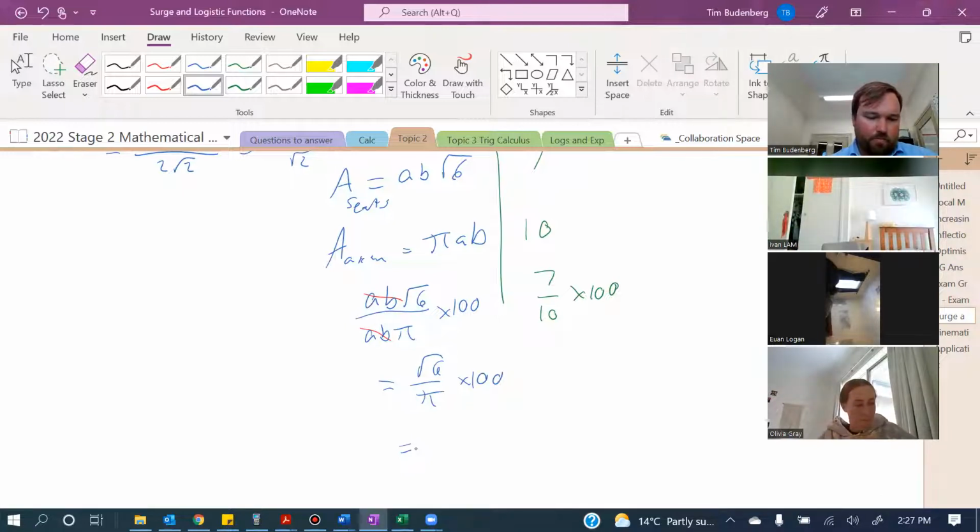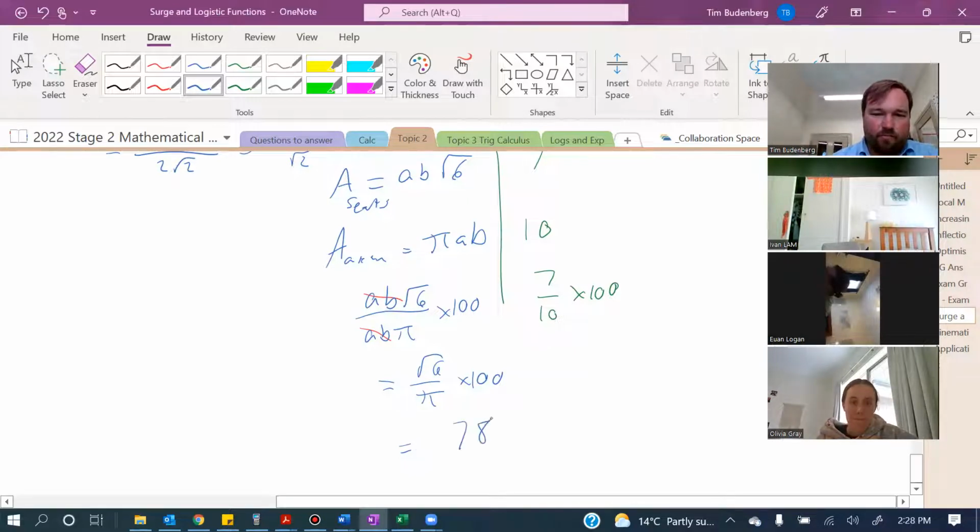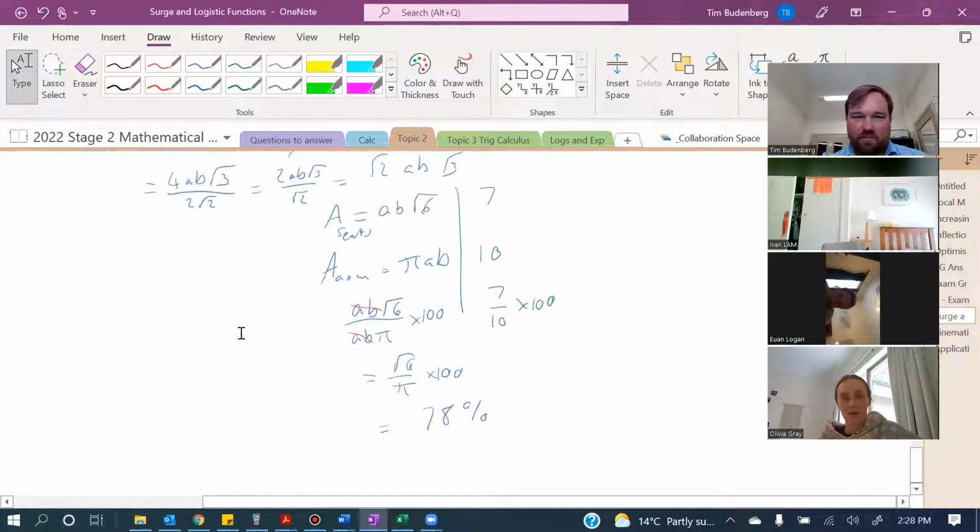Root 6 divided by pi times 100. It's like 78%, or 77.96. Which seems reasonable. All right, cool.